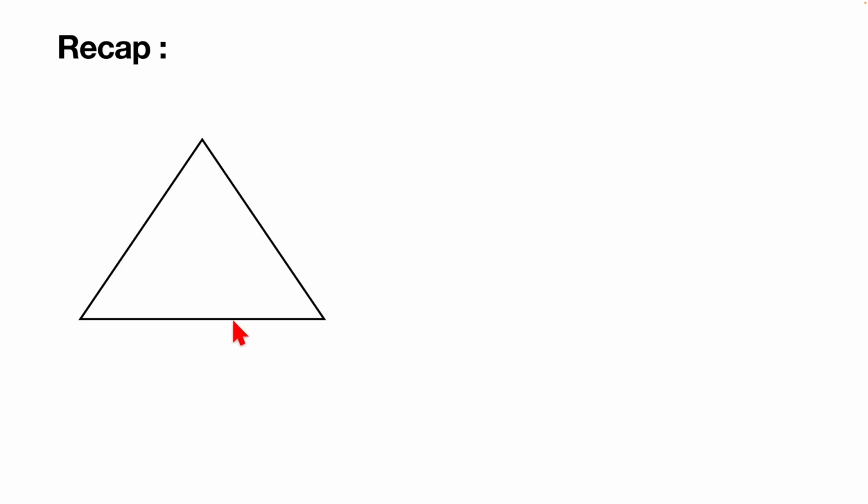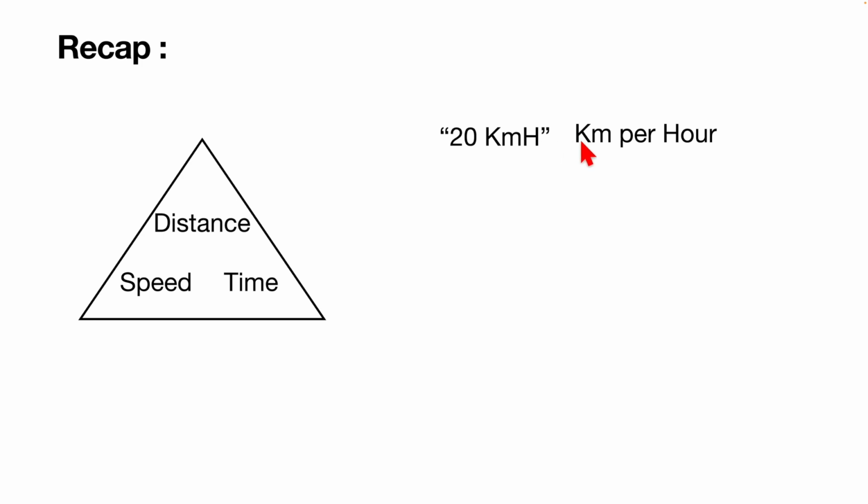Let's have a little recap on speed, distance, time, what I call a magic triangle. If you forget this, I will always think of speed and distance and time like this. 20 kilometers per hour. You're always going to find a speed somewhere in the question. This is kilometers per hour. This shows that speed is kilometers divided by hours time.